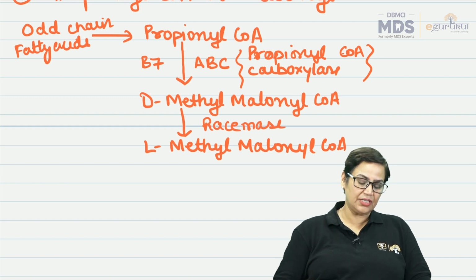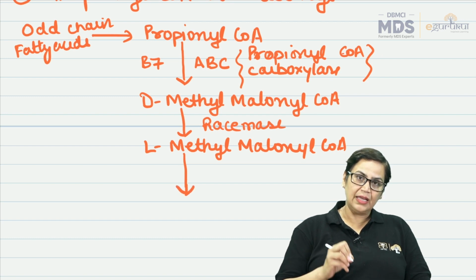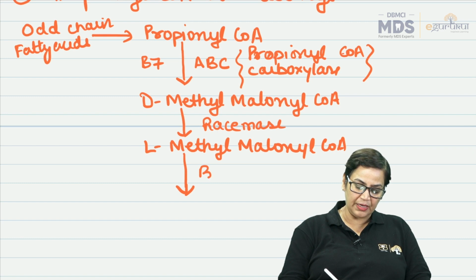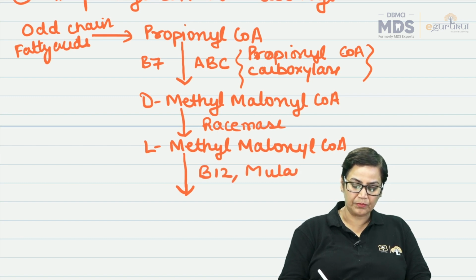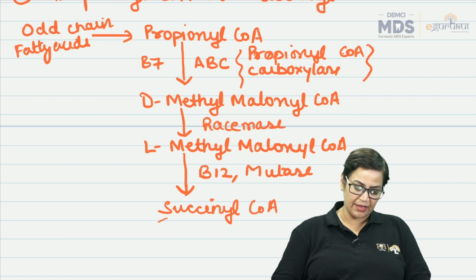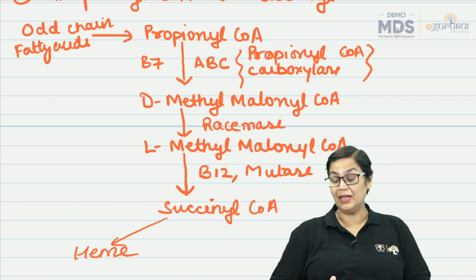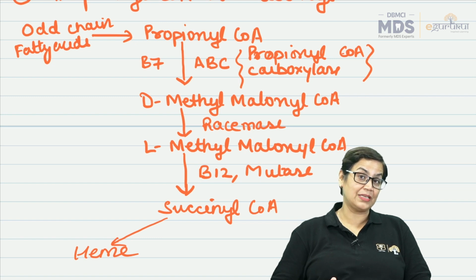And the last reaction is, once this L-methyl malonyl CoA is produced, in the presence of B12 and mutase it forms succinyl coenzyme A, which is forming heme. So you can say that the precursor of heme is succinyl coenzyme A, which is coming from propionyl coenzyme A.